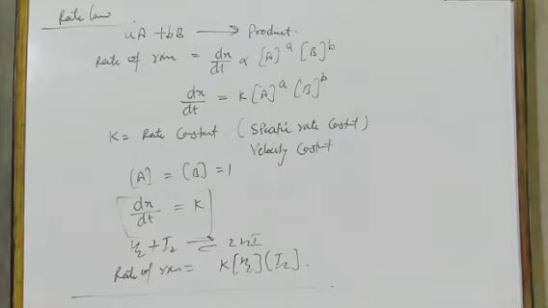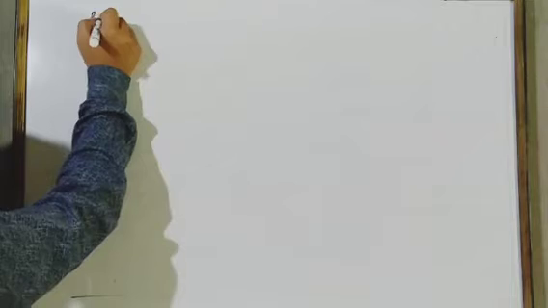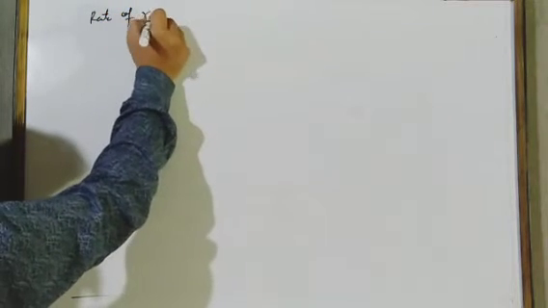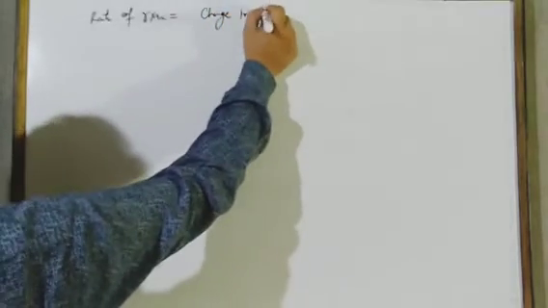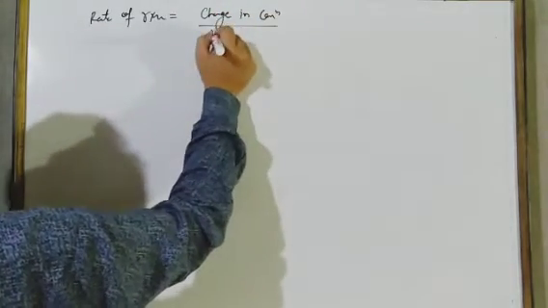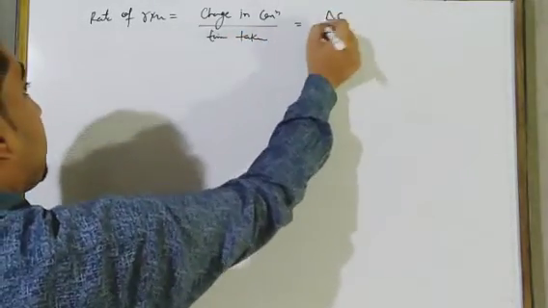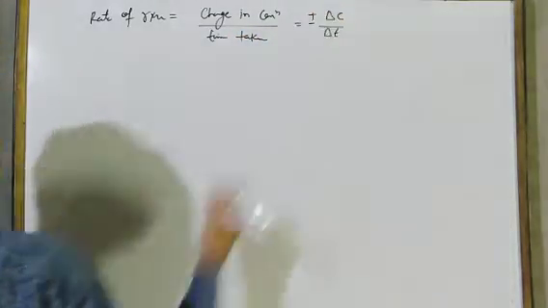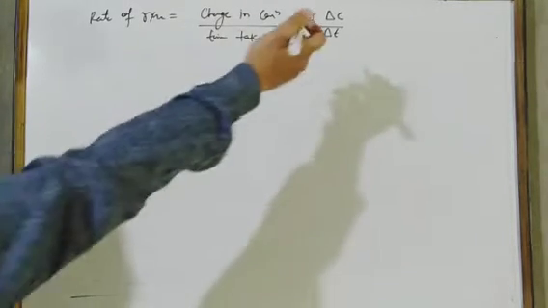So for the unit, you know that the rate of reaction is equal to the change in concentration upon time taken, delta C over delta T, which may be positive or negative depending on the constituent particle, whether it is a reactant or product.